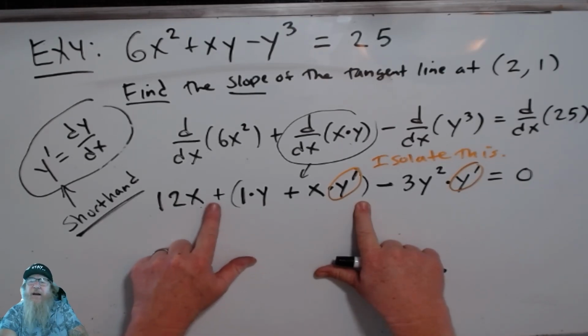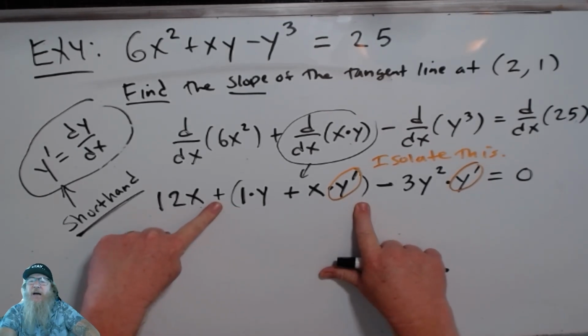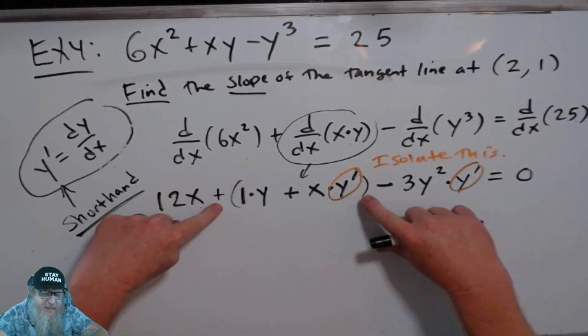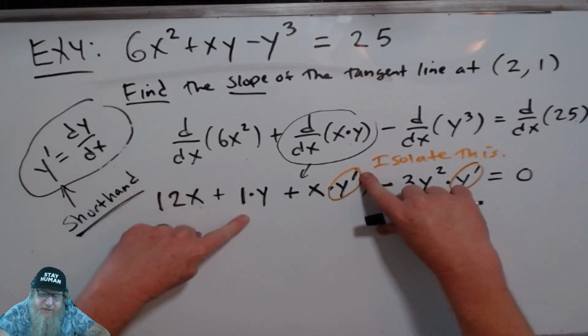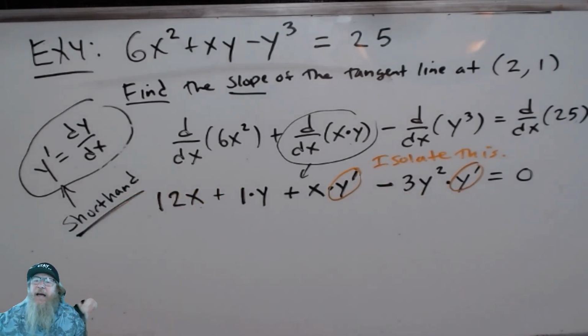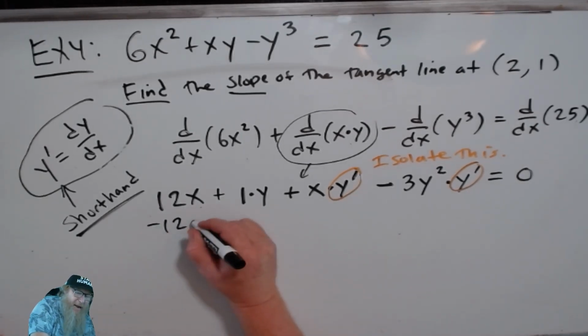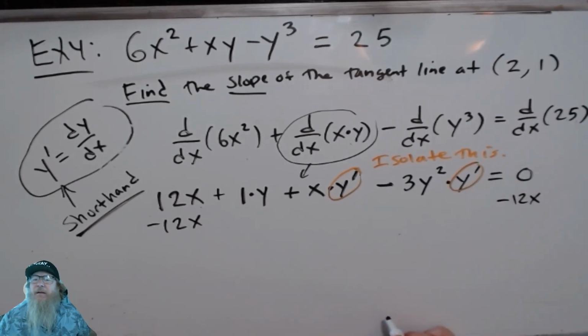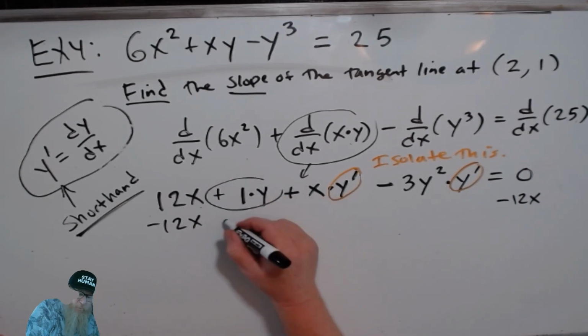They would be essential if this sign out to the left was a minus. Then I would have to be much more careful with removing them. Because this sign to the left is a plus, I can just remove them like that. And then now I save a little bit of board space here. So I'm going to subtract 12x. I'm also going to subtract 1y.